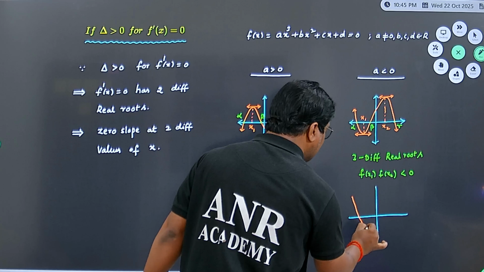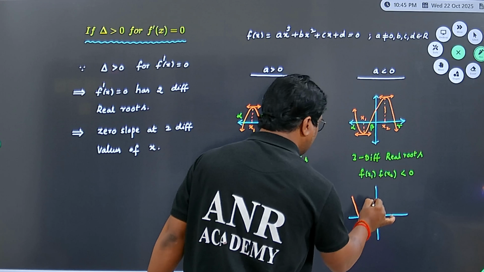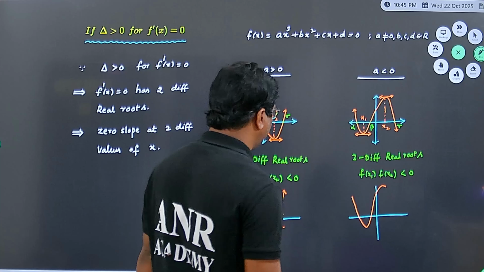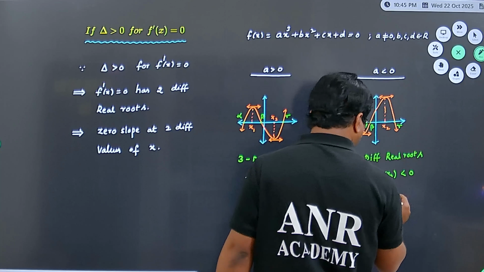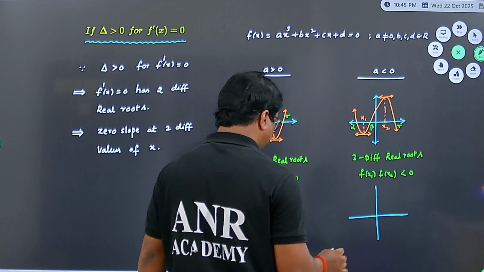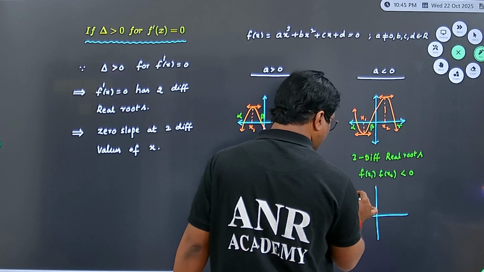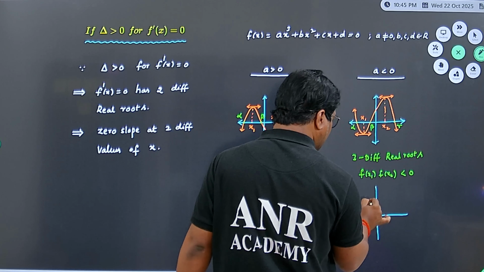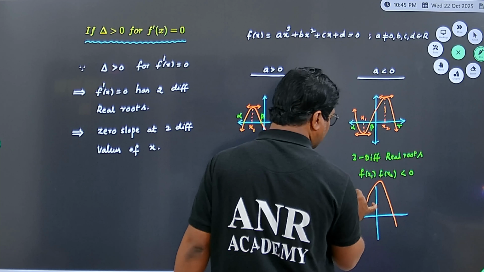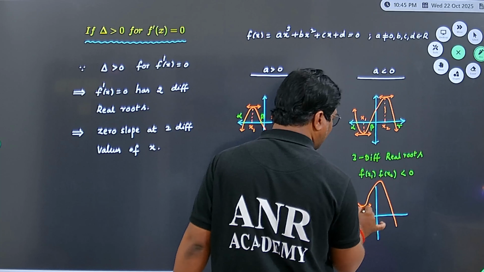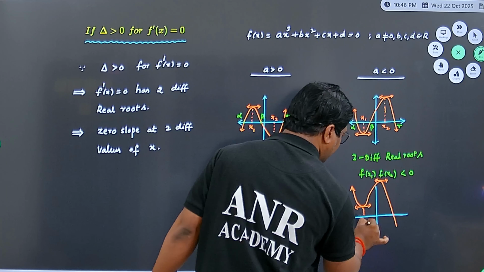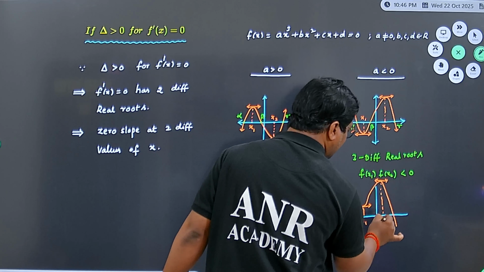It crosses the x-axis and then goes, slope 0 and somewhere slope 0 in this way. This is the graph. Here the slope of the function is 0 and here the slope of the function is 0. Here it is x1 and here it is x2.